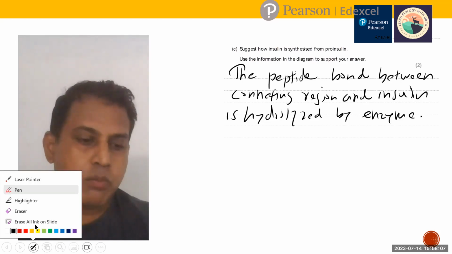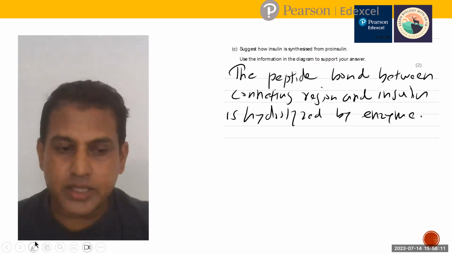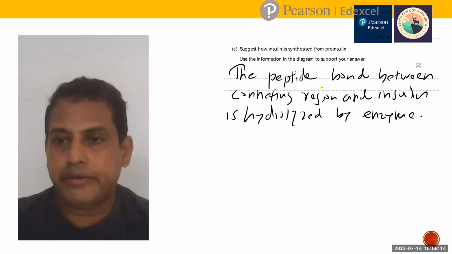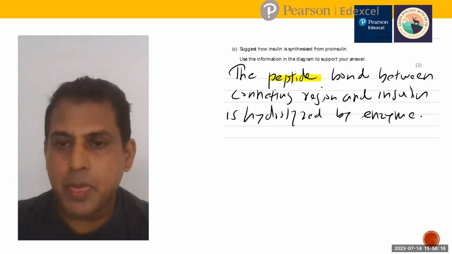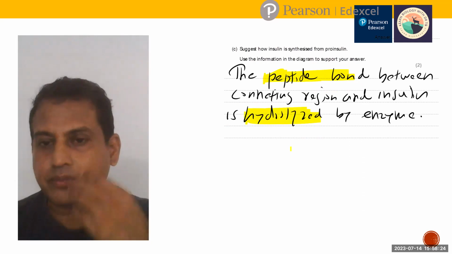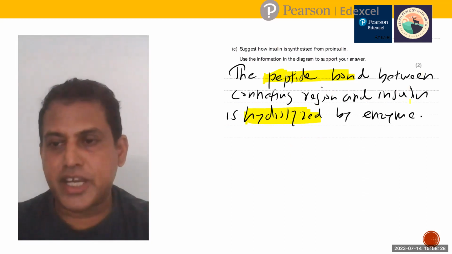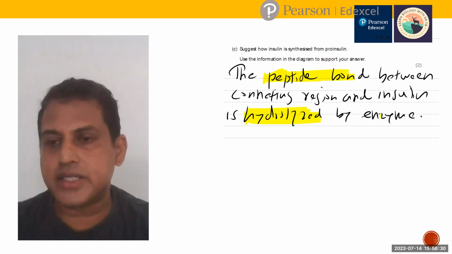So 2 important points we should highlight when you write in the answer: peptide bond and hydrolyzed. The peptide bond between connecting region and insulin is hydrolyzed by enzyme.